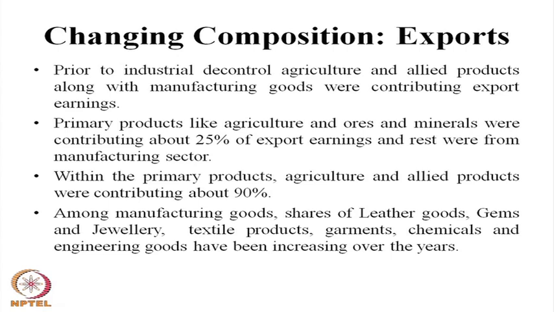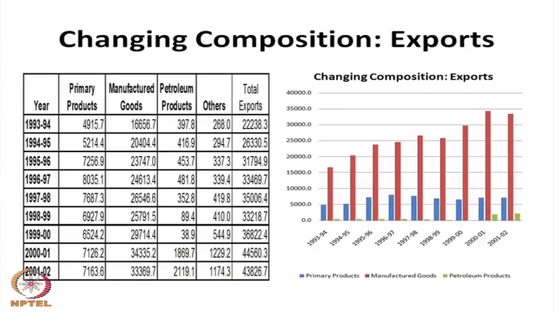And if you see the direction of the changing pattern of the export after 93-94 till 2001-2, manufacturing goods have been increasing, and there has been a decline in the primary product within the export basket.